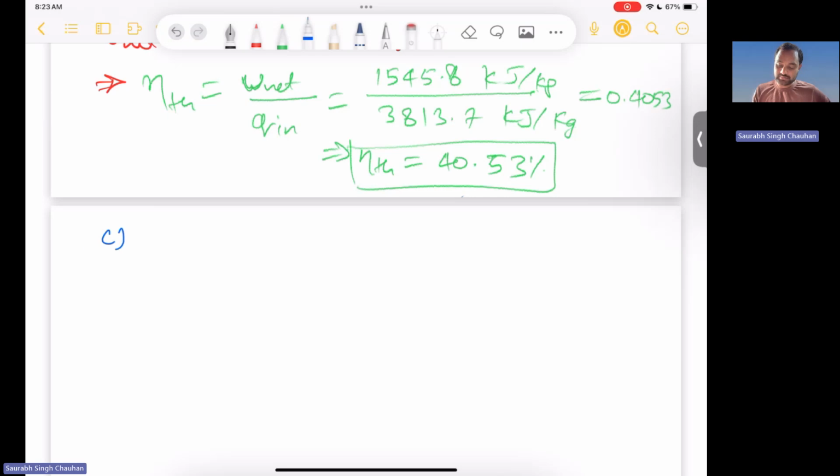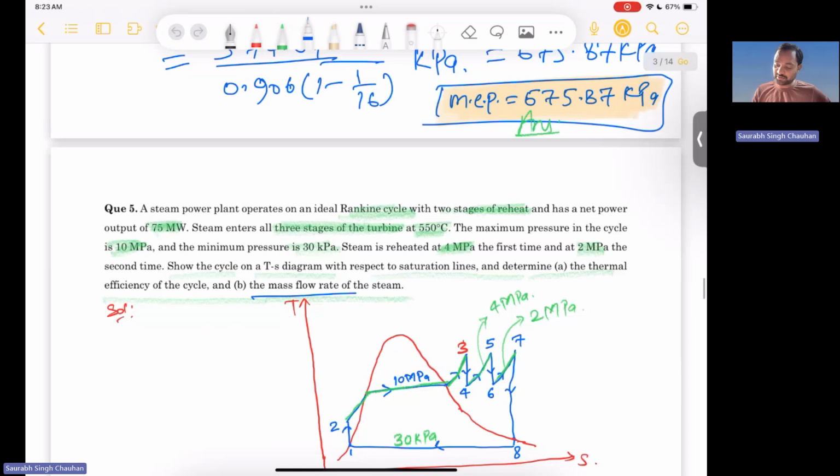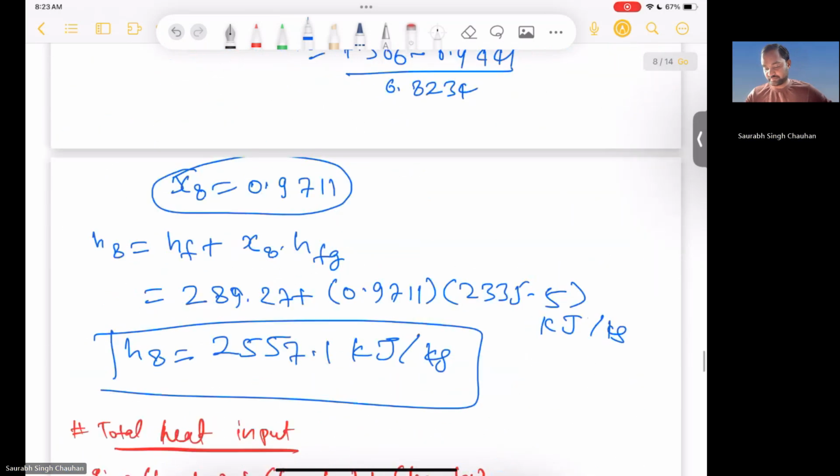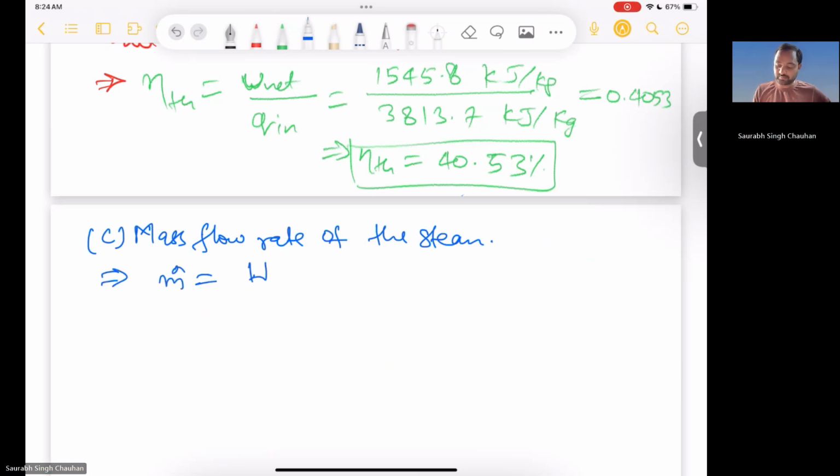And in the last part, we have to find the mass flow rate of the steam. So that will be equal to total power output divided by specific work output.